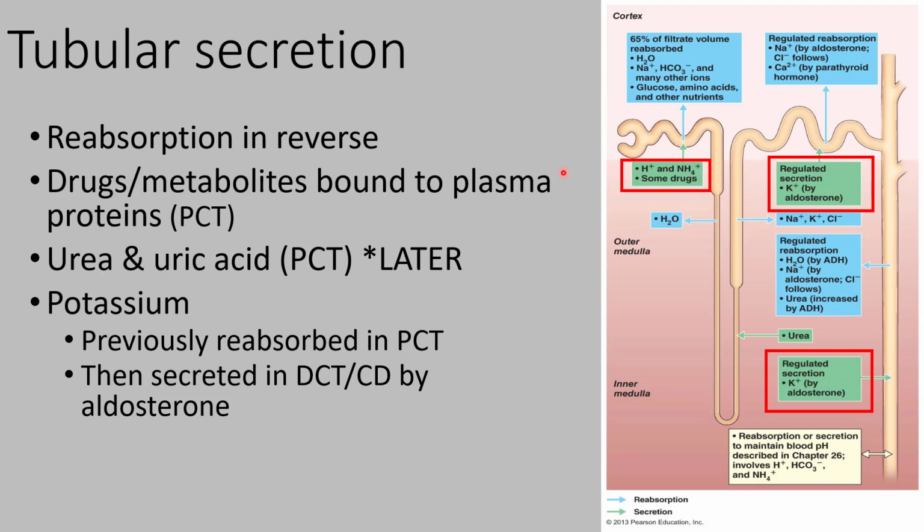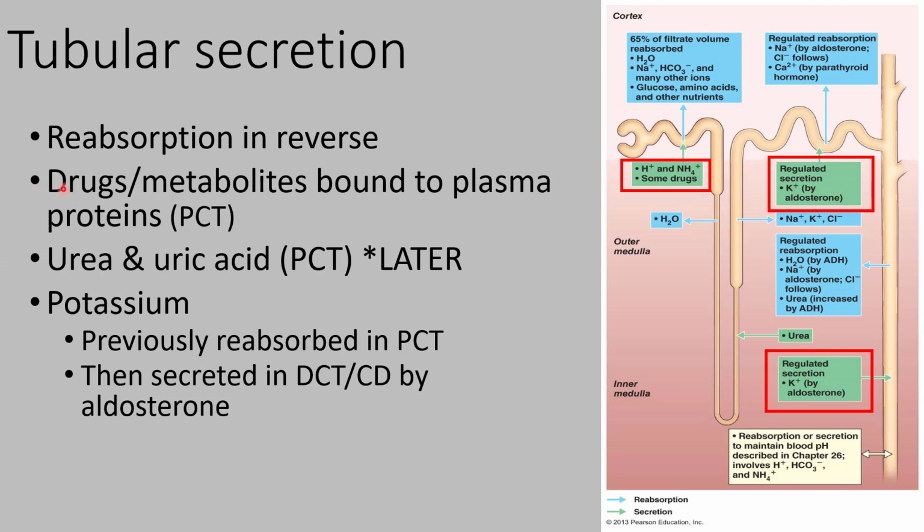There was too much of it, so it stayed in the blood. Or maybe it was something that was bound to plasma proteins. Proteins are so big, they don't get filtered. Or maybe they had the wrong charge. Whatever it is, maybe it didn't get filtered, so we need to take it out of the blood and put it into the filtrate.